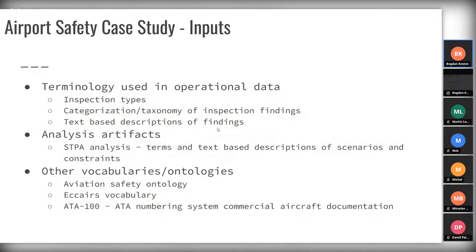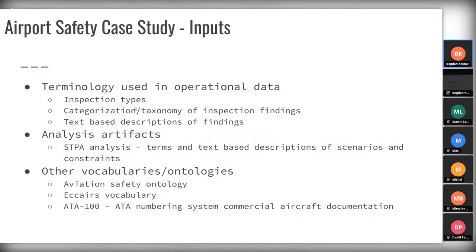So this information could be loaded in TermIt. For example, the inspection types and the findings are loaded into TermIt as a vocabulary, and they could be examined by the experts and defined. Typically these are just labels and they do not have any definition.